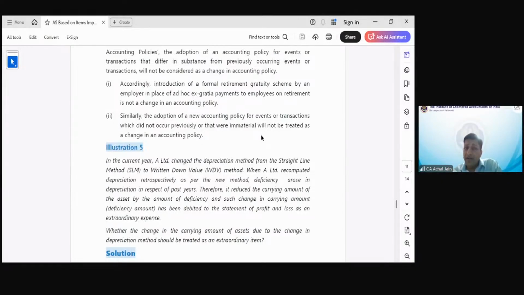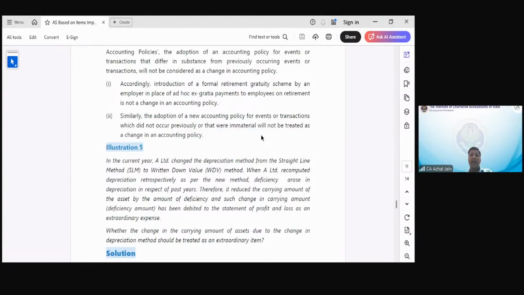When A Limited recomputed depreciation retrospectively as per the new method, a deficiency arose in depreciation in respect of past years.